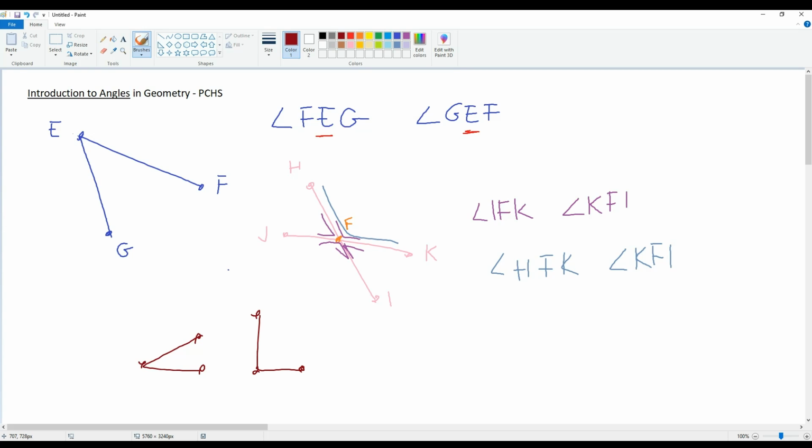Either way, angles are basically measured on the same concept, which is how open or closed the angle is. You can see that this one is more closed than the one over here. Therefore, this one is relatively larger. Even just by looking at it, you can determine that this one is the larger angle.